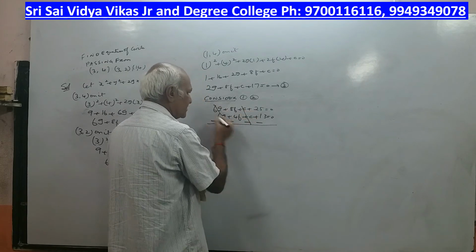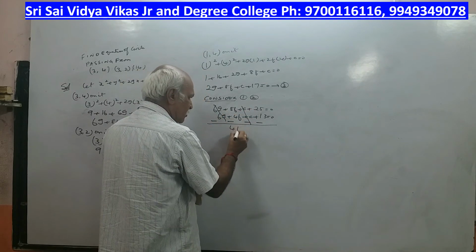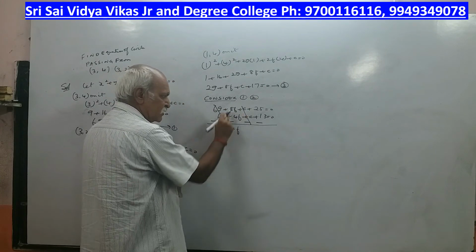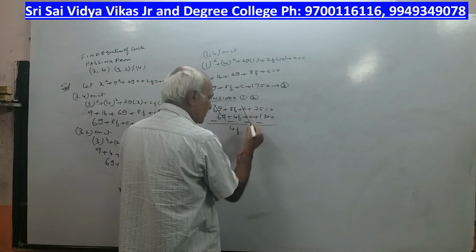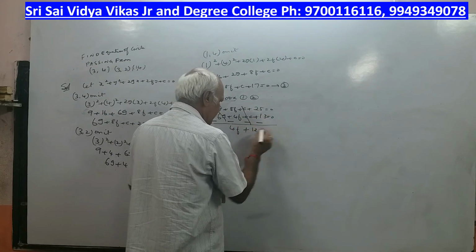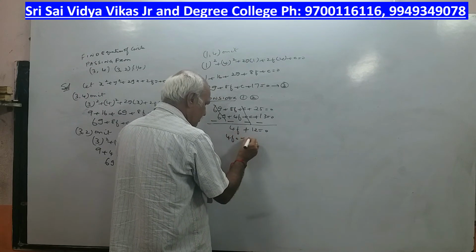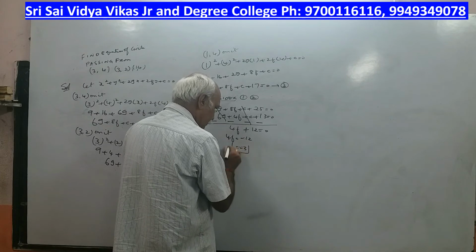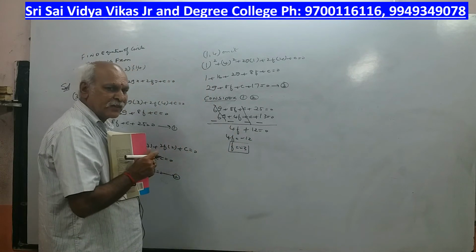C will get cancelled, g will get cancelled. So what do we get? 8f minus 4f, 4f. Now you have to consider the minus sign only: 25 minus 13 is 12. So 4f plus 12 is equal to 0. 4f is equal to minus 12, f is equal to minus 3.